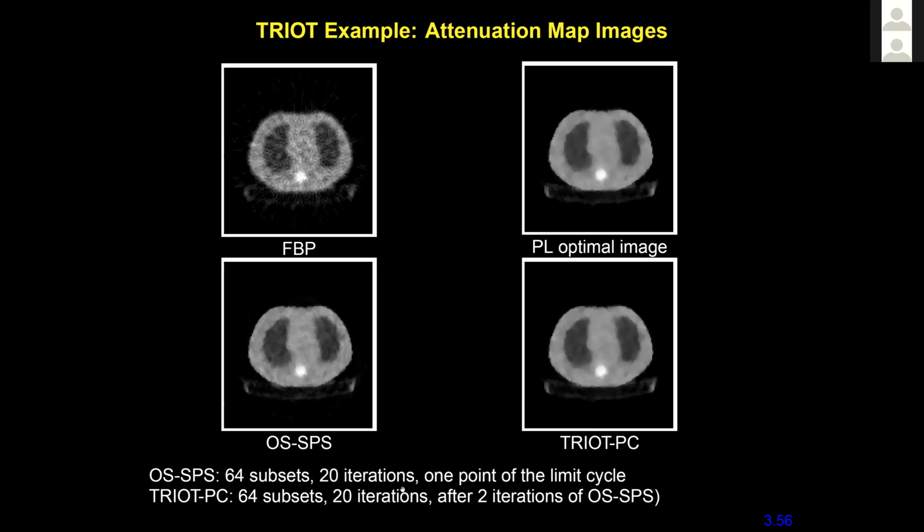So here it shows that if you use the incremental subset method to do reconstruction, this is the FBP reconstruction. This is penalized likelihood reconstruction. This is the way that you use all the subsets.